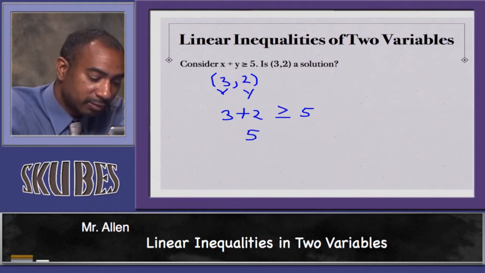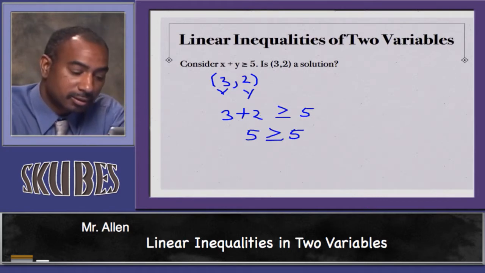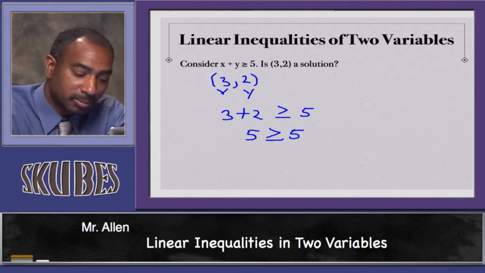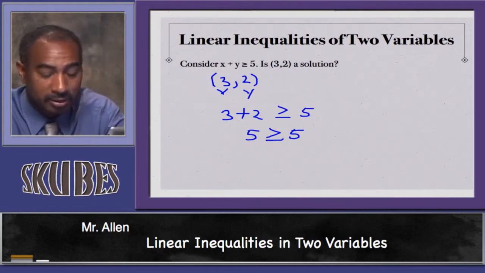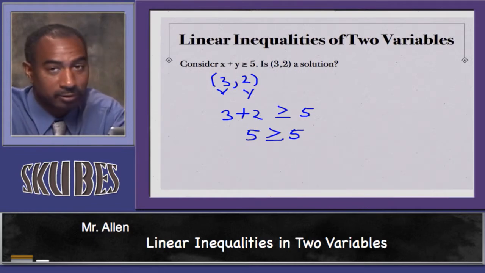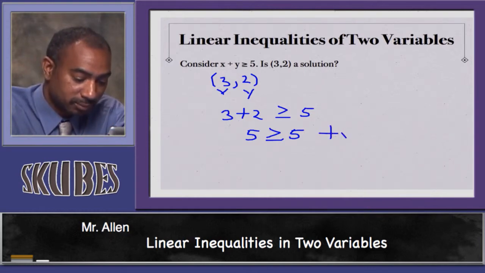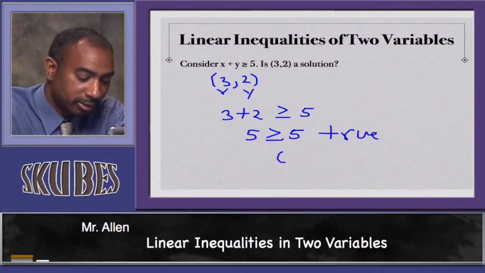So you have 5 is greater than or equal to 5. Because of this or equal to, this makes it a true statement. We know 5 is not greater than 5, but 5 is equal to 5. So it's greater than or equal to 5, so this is true. So we're going to say 3, 2 is a solution.